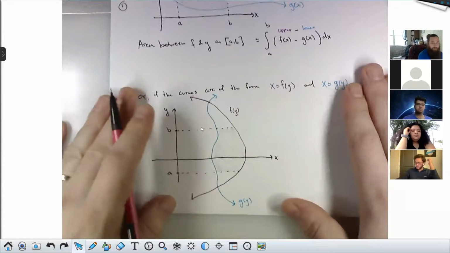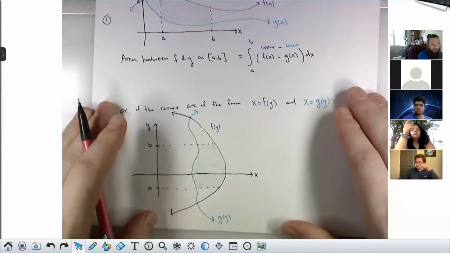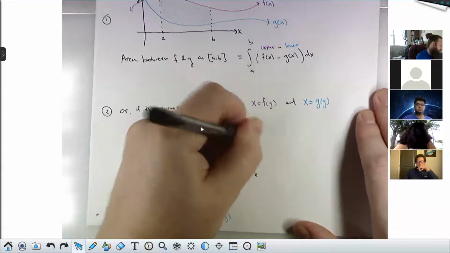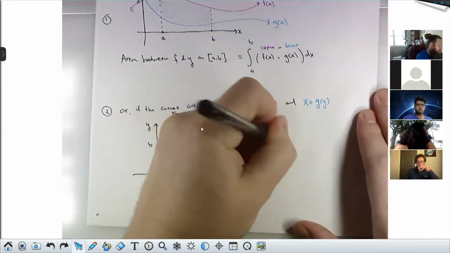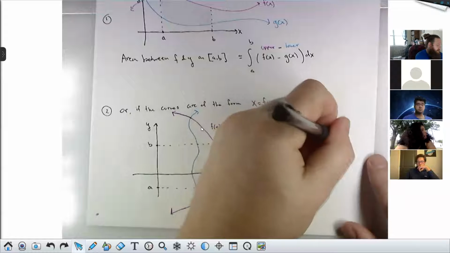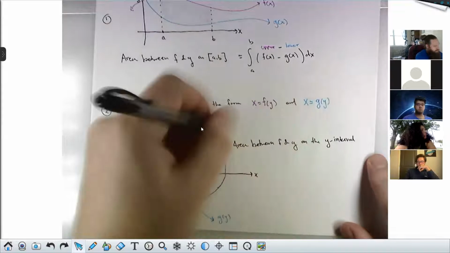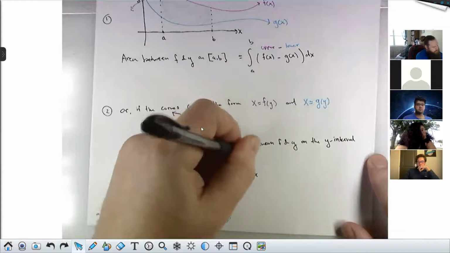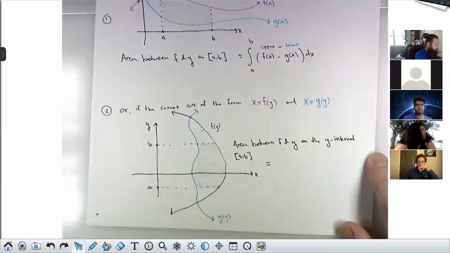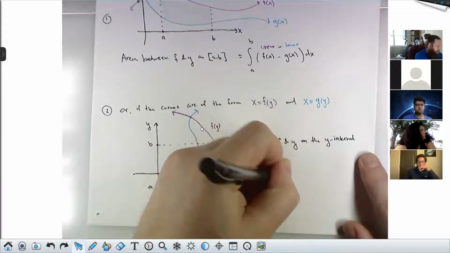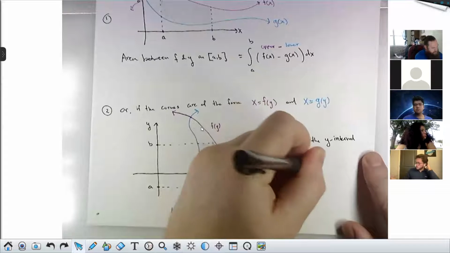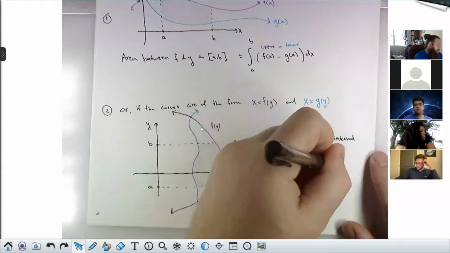And to calculate this area, specify here on the y interval, this would be equal to, it's the same thing, only you integrate the right minus the left instead of the upper minus the lower. So this would be the integral from a to b of f of y minus g of y dy.